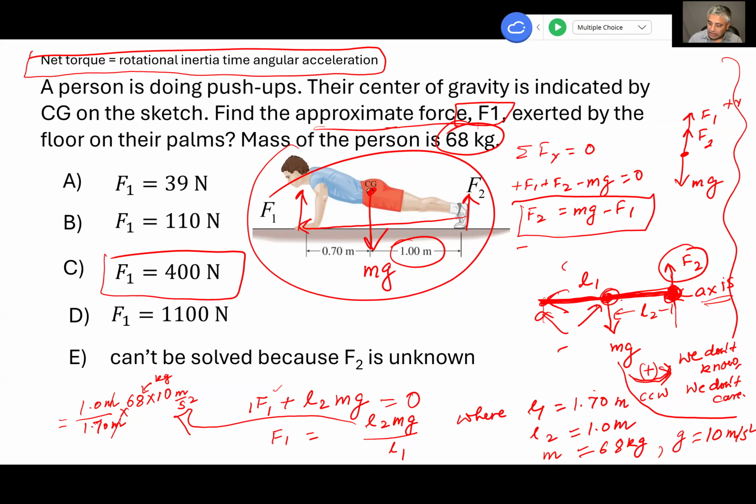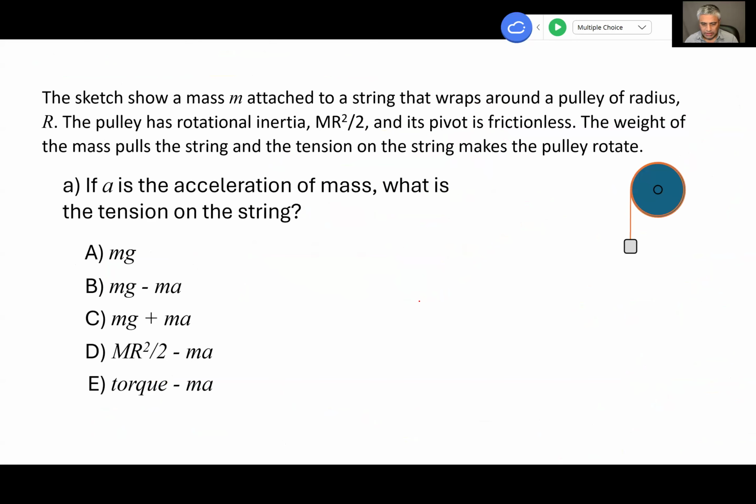Okay, so now with that, I spent too much time on that. So now here it is a pulley, and this mass is there, and it can unwind because of this mass here. So this thing is coming down with acceleration a. So now the question is, what is the tension on this mass? Okay, so it is like an elevator problem now.